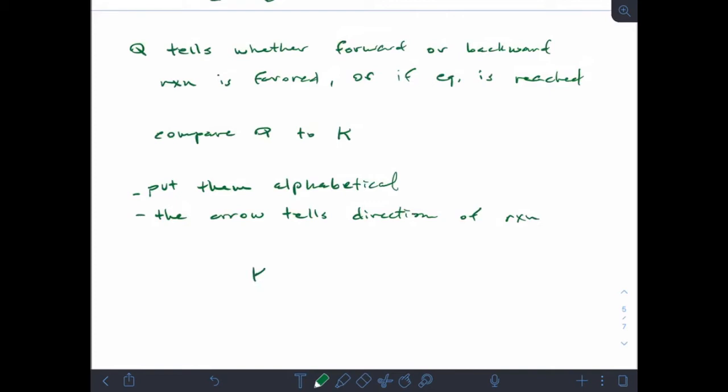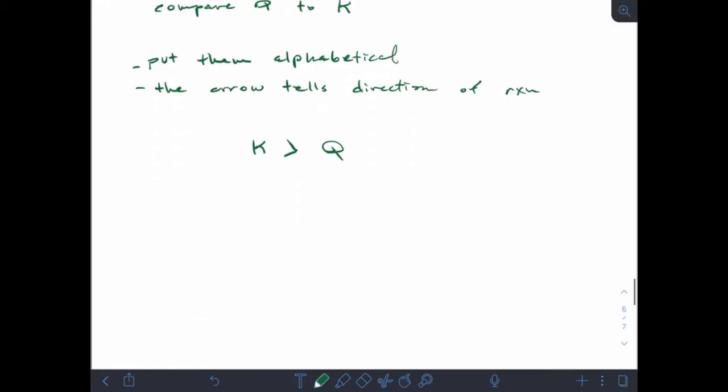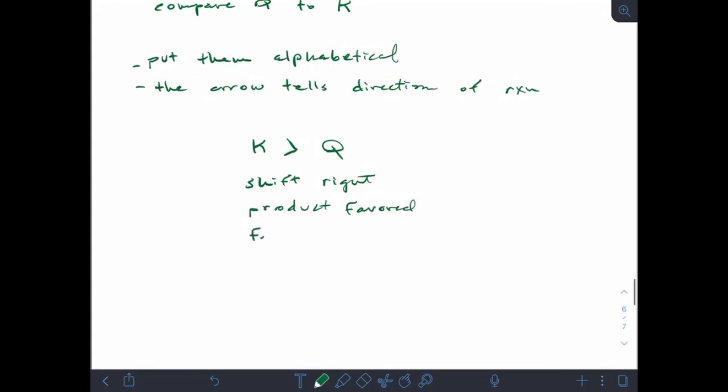Okay, so if I put them alphabetically, K comes before Q, and let's say that K is greater than Q. Okay, which direction is the arrow pointing? It's pointing to the right. Product favored. Or we just say that forward reaction is favored.